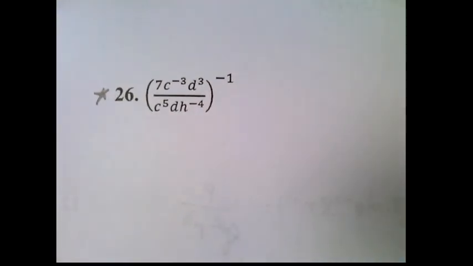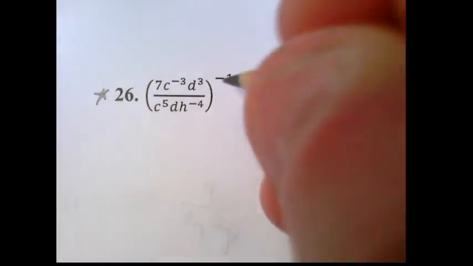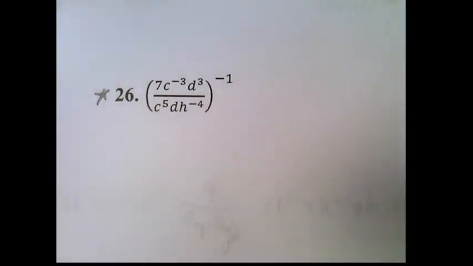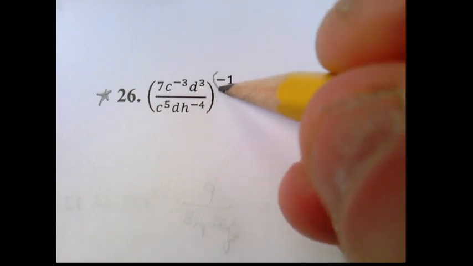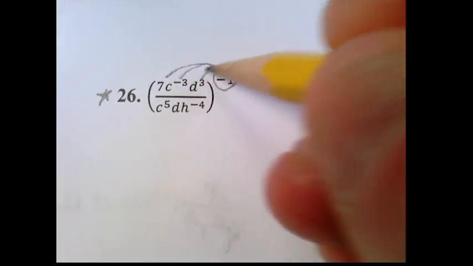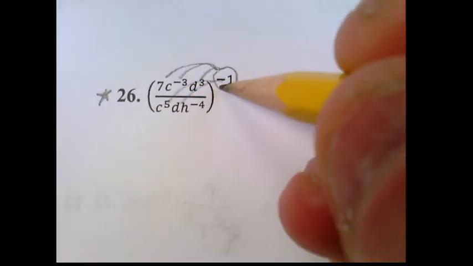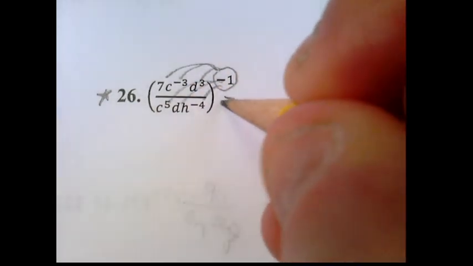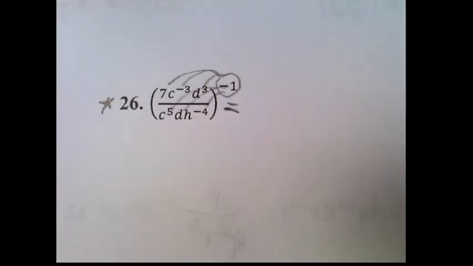Here's what I want to do. Kind of like on the last problem with number 24, this -1 is going to be distributed to everything in this problem. And so one thing you could do is go ahead and flip everything there.